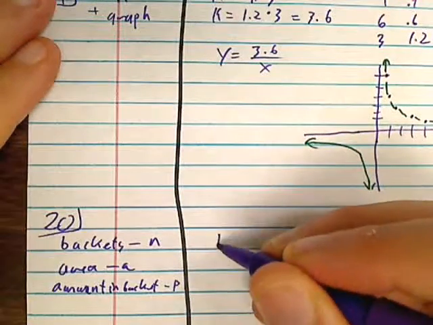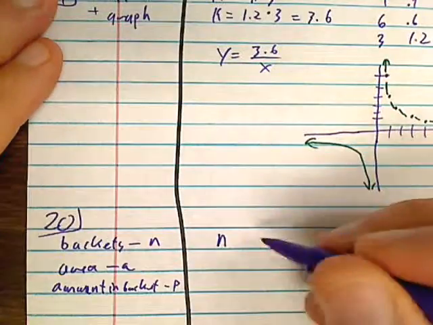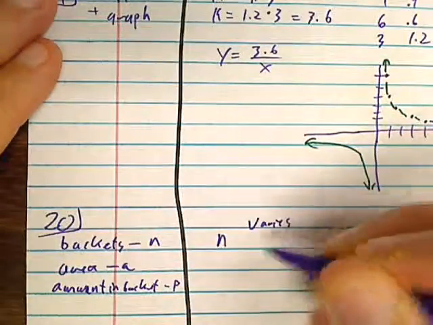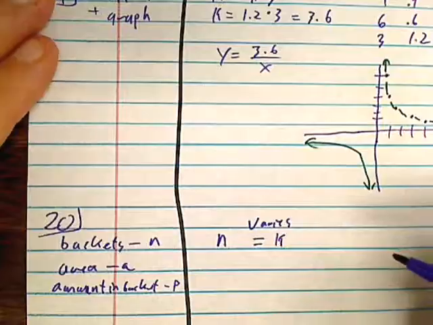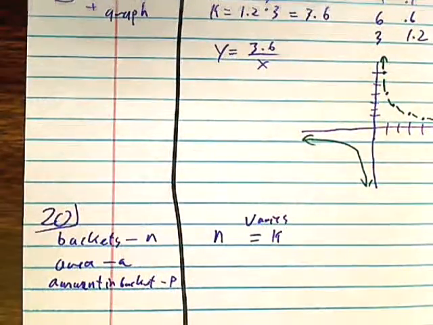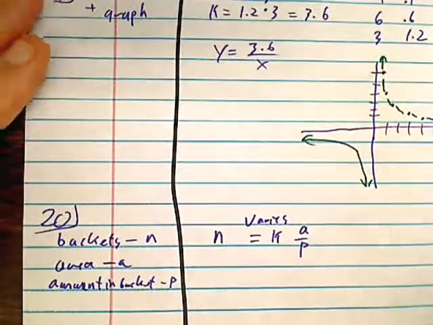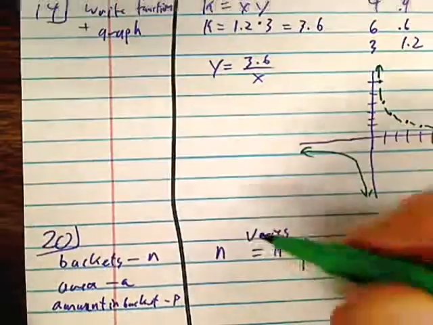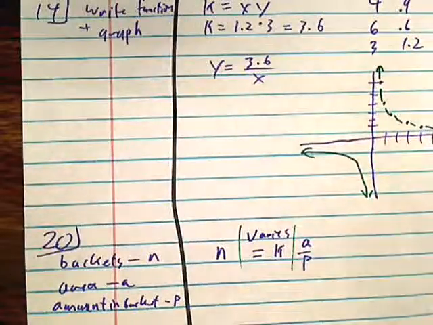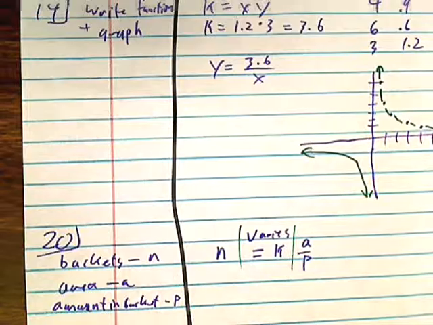So N equals K, A goes in the numerator, P goes in the denominator. Okay, there's your equation setup.